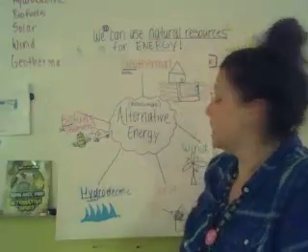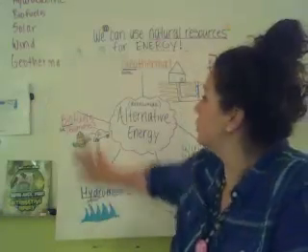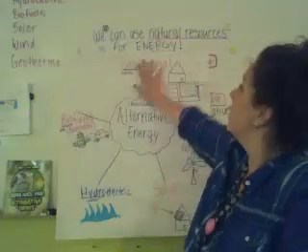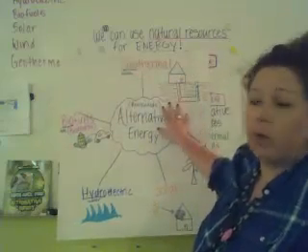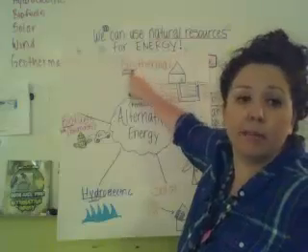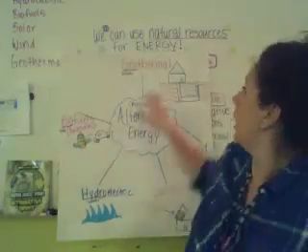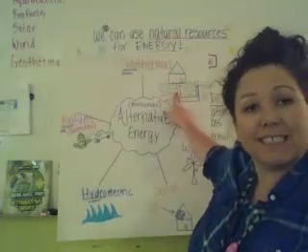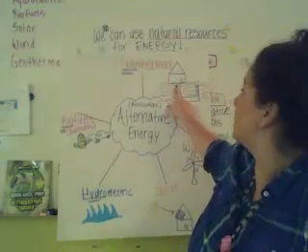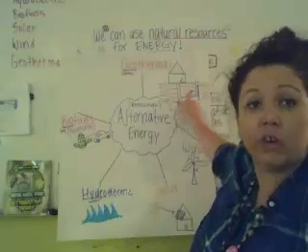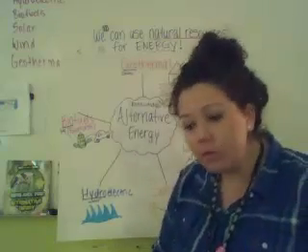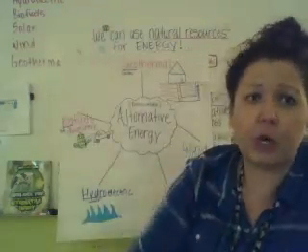So we've talked about solar, hydroelectric, and biofuels. Let's look at geothermal. Geo, remember, means earth, and you all know thermal means heat. Geothermal energy is energy that we get from deep, deep in the earth's core or crust, way under the ground.